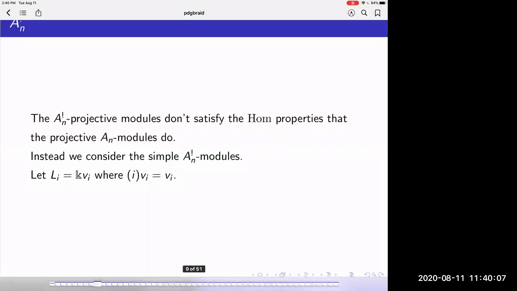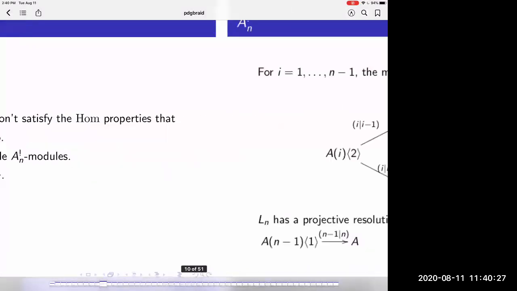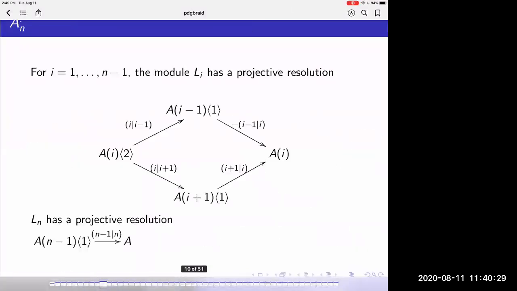So we let L_i be the one-dimensional space spanned by this vector v_i, and the idempotent e_i acts as the identity, and everything else in the algebra kills this vector v_i. So this is a left module for A_n shriek. We similarly would have right modules. Okay, and so these simple modules should give rise to a braid group action.